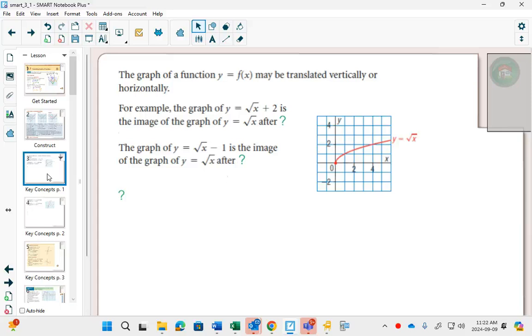If we had the square root of x plus 2, do you see that that 2 is outside? Our square root graph was, what color was it, green paper? Yeah? So does it make sense that that plus 2 outside moves it up 2, which just changes your graph up to there? And if we had a minus 1, it moves it down 1.